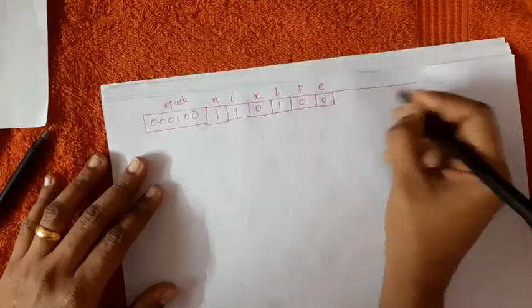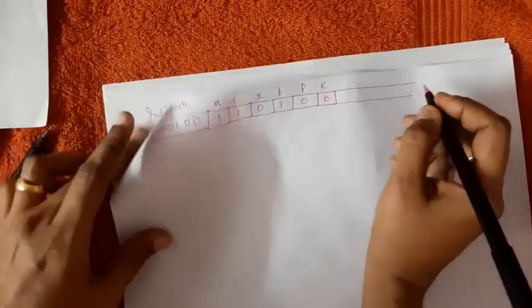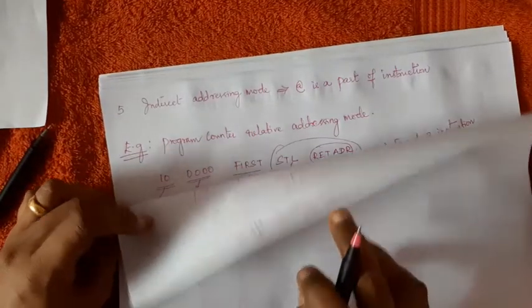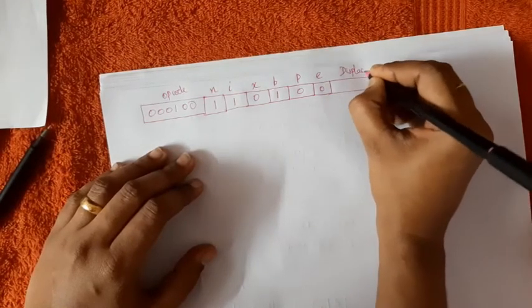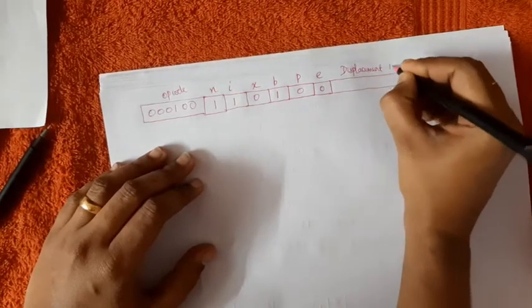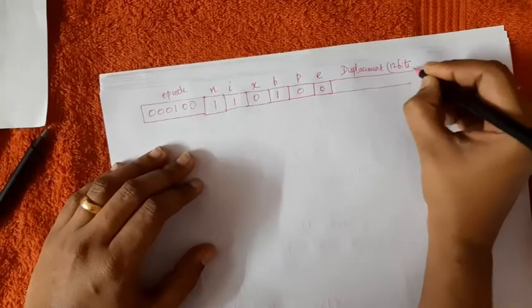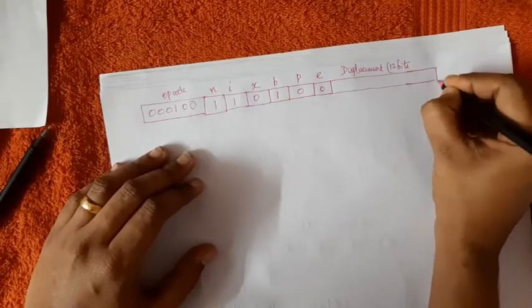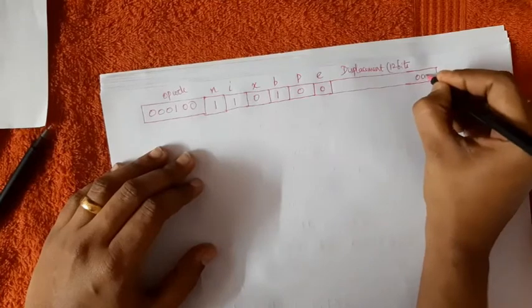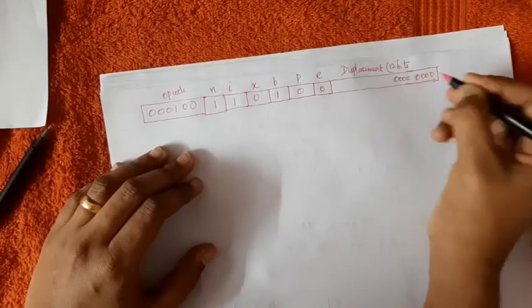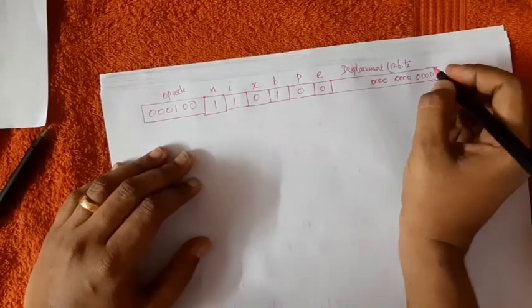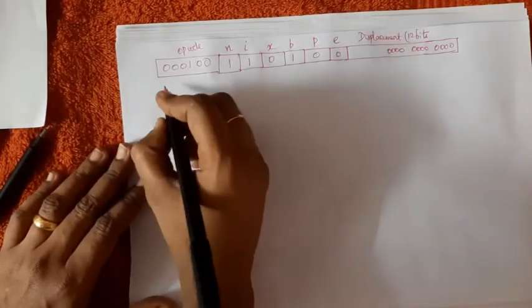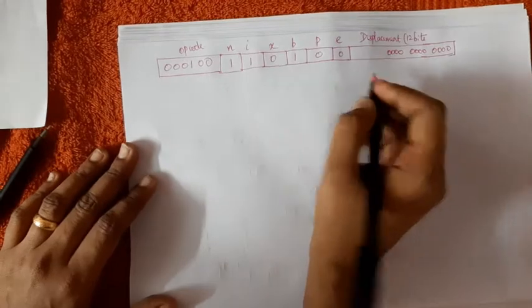Now we have to write the displacement. What is the displacement here? It is 0, and the displacement holds 12 bits, so accordingly we write all zeros. Now we have to combine 4 digits each to form the object code.